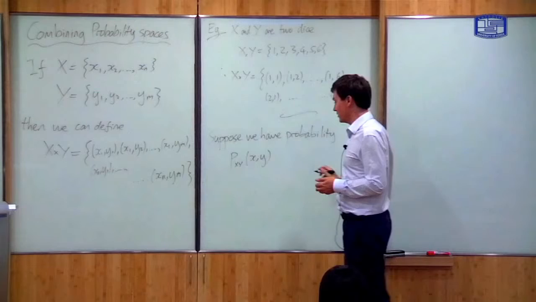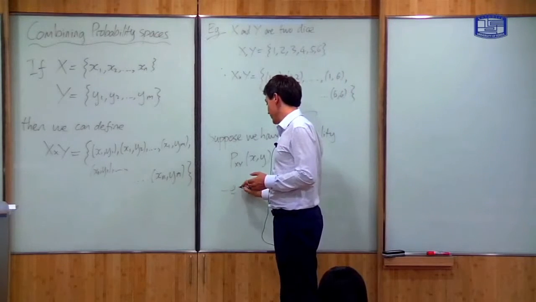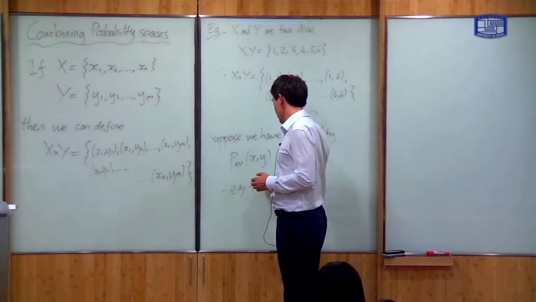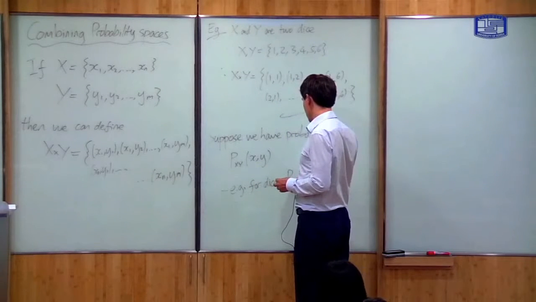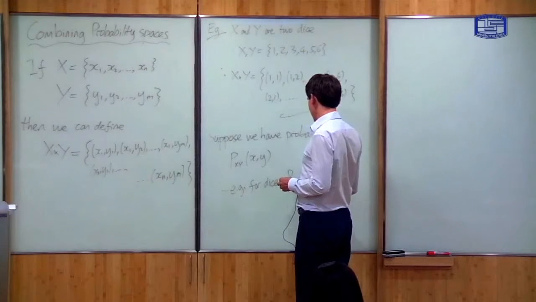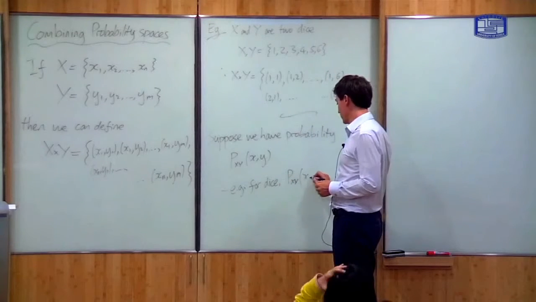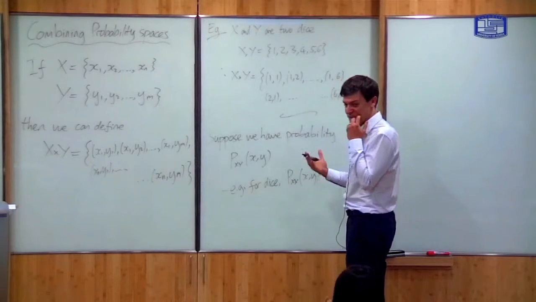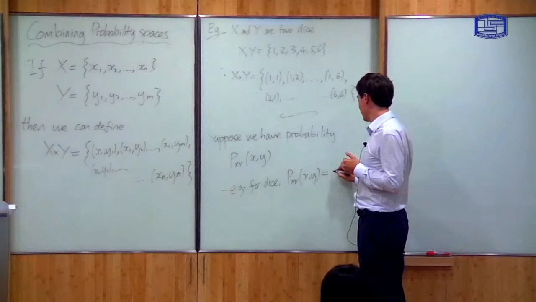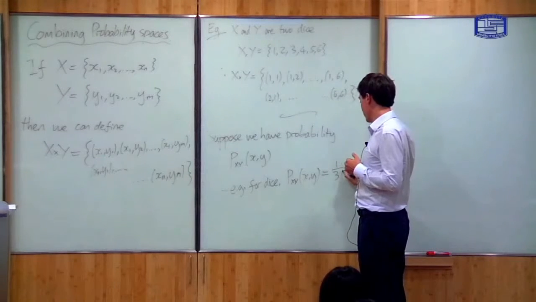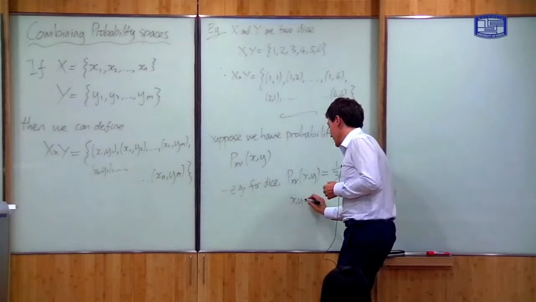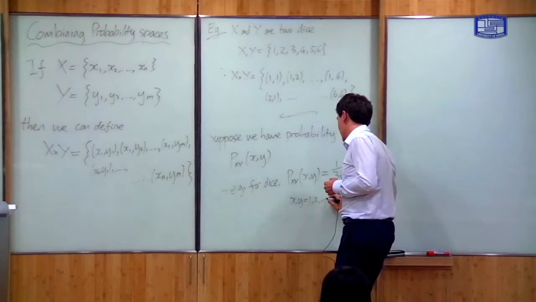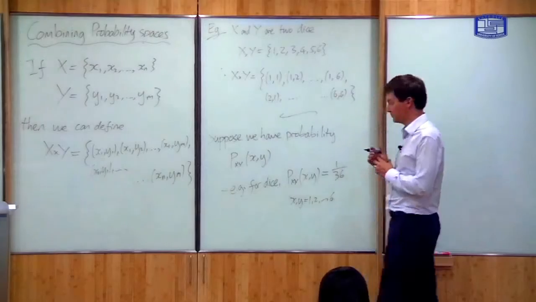So, for example, for dice, Pxy of x and y, well, if these are fair dice, the answer is always the same. The probability of any outcome is always 1 over 36, where x and y can take any values between 1 and 6.